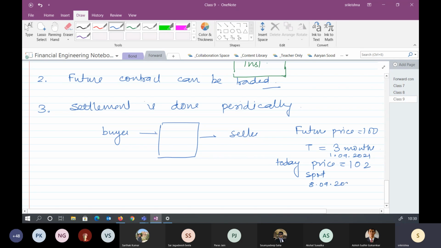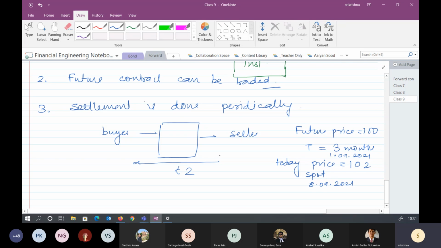Suppose the spot price has become 102. What will happen is that at the end of today's trading, whoever wants to get this product today has to pay 2 rupees extra, so 2 rupees will be paid from the seller to the buyer.